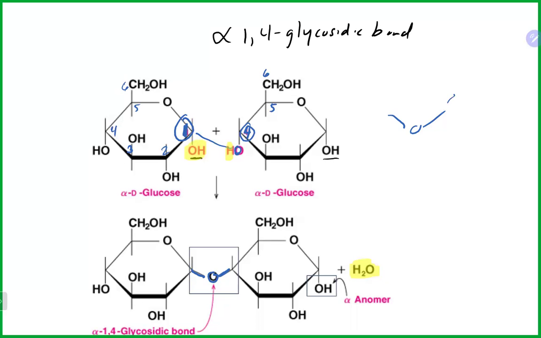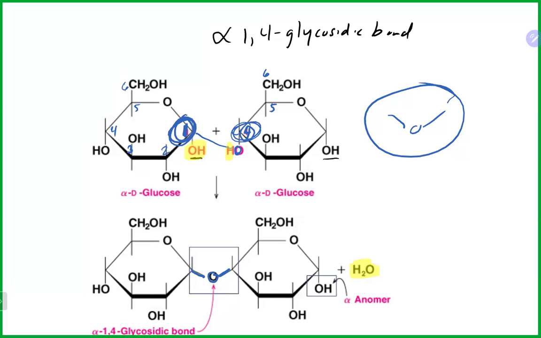This is the classic look of that bond. The way you can remember it, if you see a bond coming down with an oxygen in the middle, you're probably looking at an alpha 1,4 bond, as long as that bond is originating at carbon 1 and carbon 4, where they're going to come together.